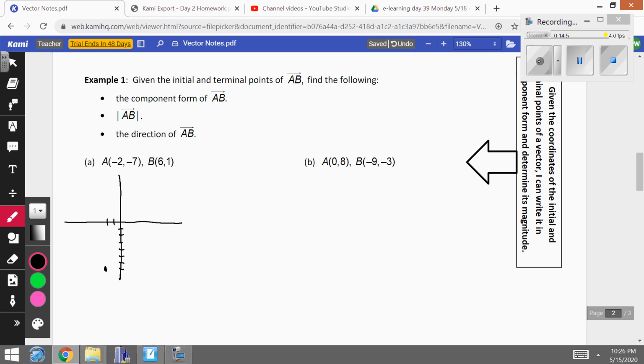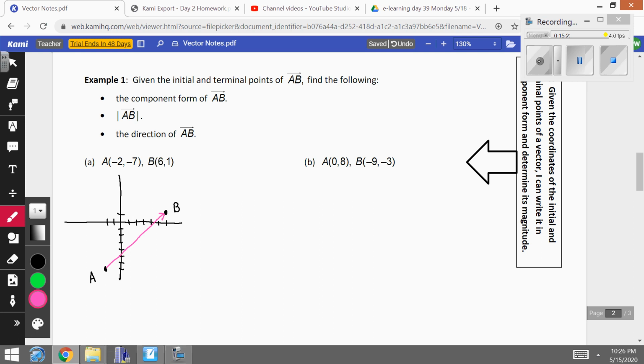So that is point A. And then 1, 2, 3, 4, 5, 6, and up 1. This would be point B. Again, you don't even necessarily have to do a picture that detailed all the time. I will for the first one, maybe I won't for the second one. Some of you will probably be able to do this without drawing any picture at all. That's okay.